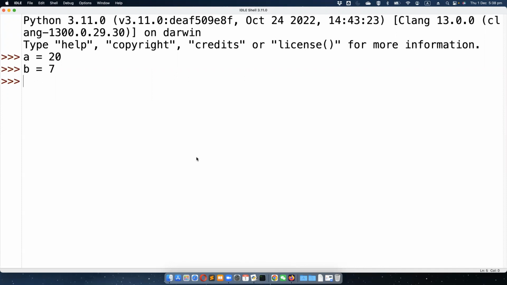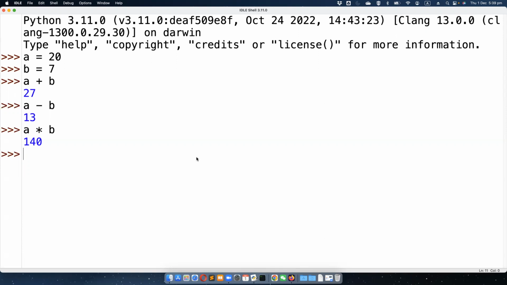So as you can see here, the results of a plus b, a minus b, a multiplied by b are quite straightforward. But in the case of division, we need to pay attention to two things. First, in Python programming, as in all other programming languages, division by 0 is an error.